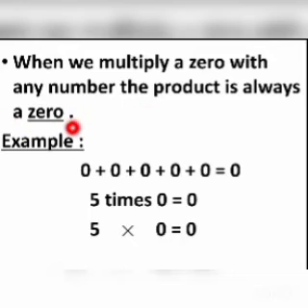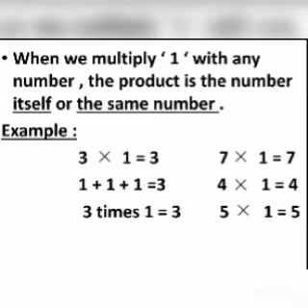One more property of multiplication is when we multiply 1 with any number, the product is the number itself or the same number. I repeat, when we multiply 1 with any number, the product or the answer is the number itself or same number.